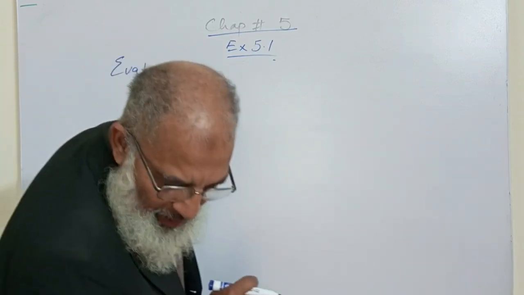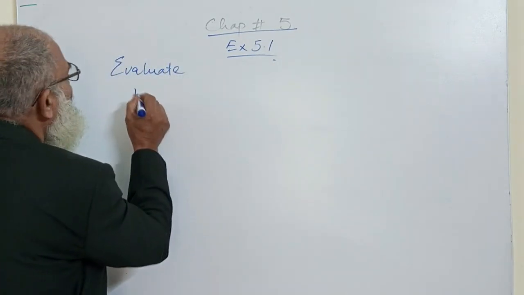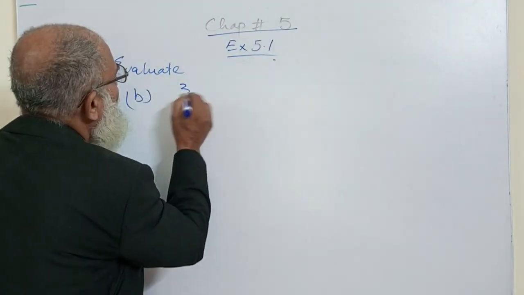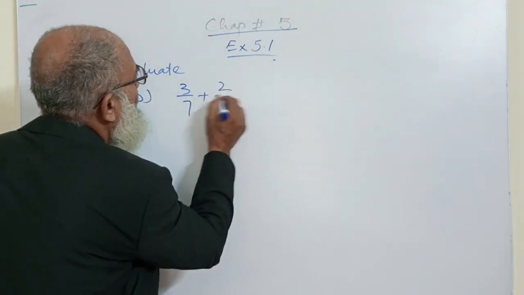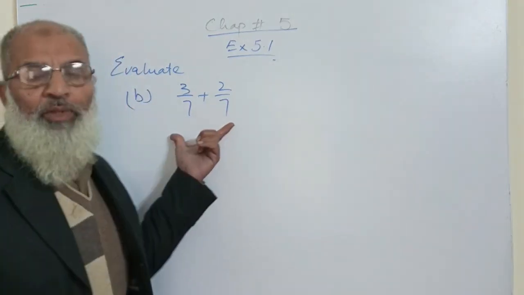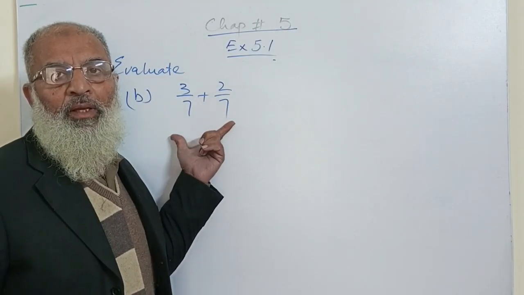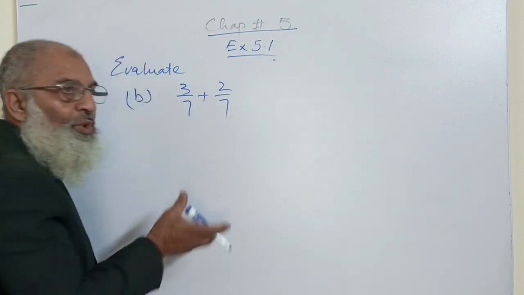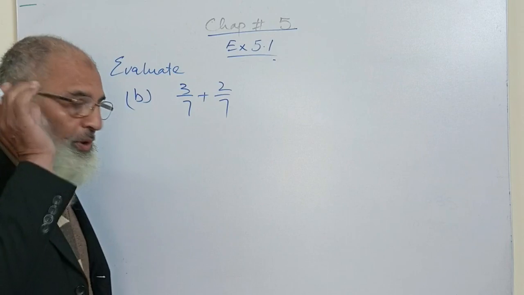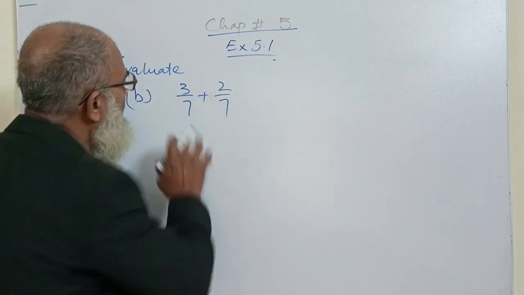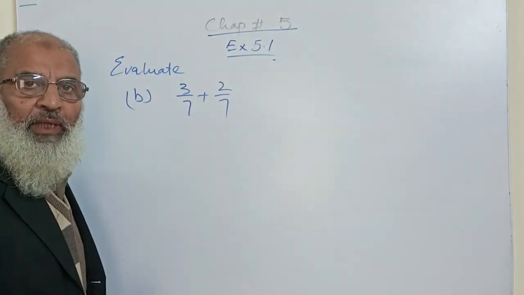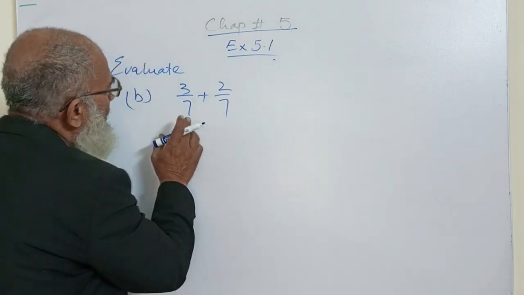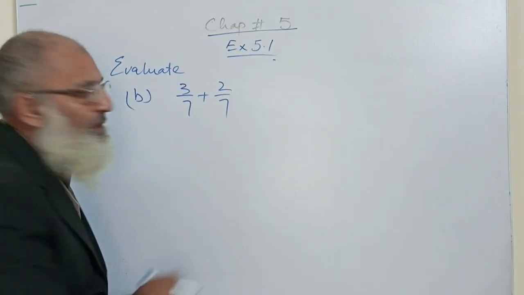Now in question number 1, part B, 3 upon 7 plus 2 upon 7. You see there are common denominators. Now if you go to the method I told you, you have to find the LCM, and obviously the LCM will be 7.